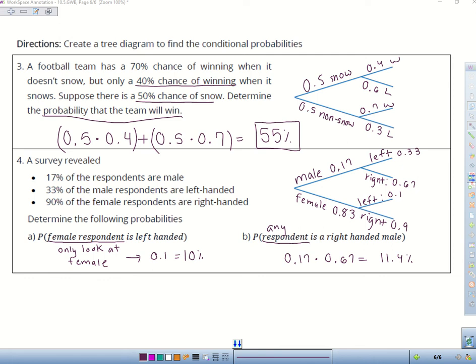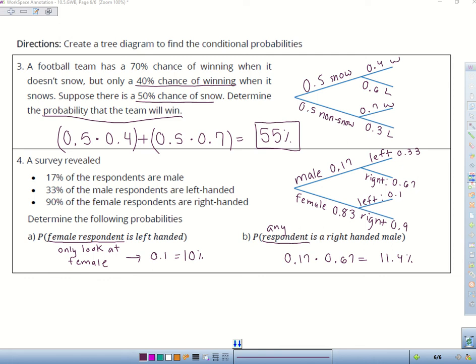They don't specify what type of respondent we're looking for. They want to know if you pick any random respondent out of the whole group, if they happen to be a right-handed male. So in order to be a male, that's a 17% chance of happening, times the chance of them being right-handed, which would be 11.4%. Does that make sense, the difference between the 2 scenarios?